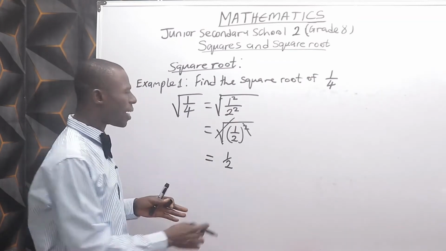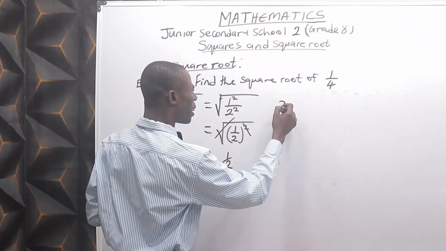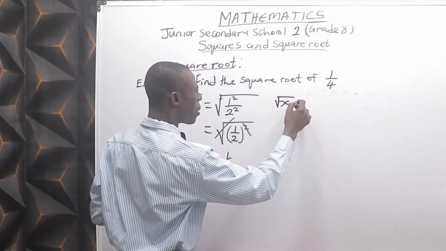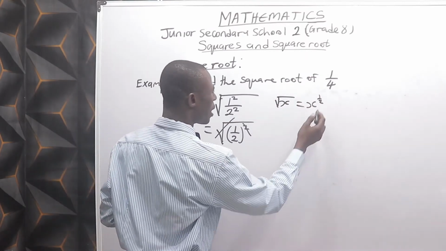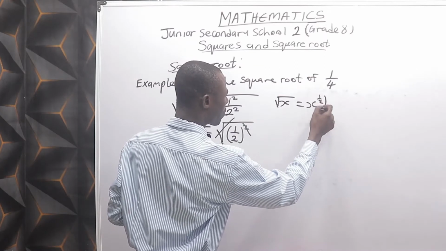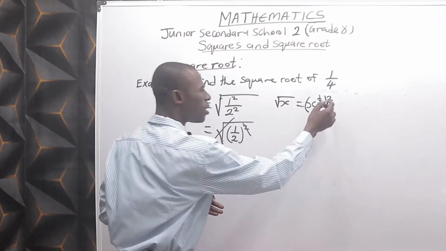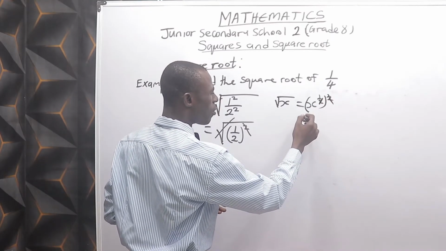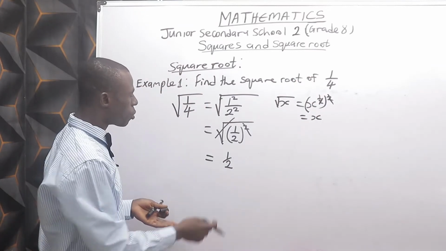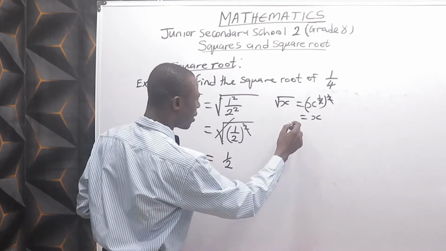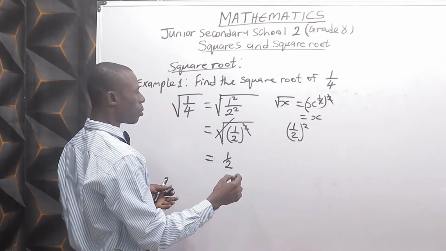The rationale behind this cutting is that square root of x means x raised to power half. And if there is another power 2 here, these 2 will cut, leaving behind ordinary x raised to power 1, which is x. So also here, 1 over 2 raised to power 2.